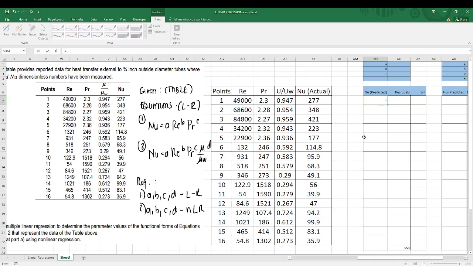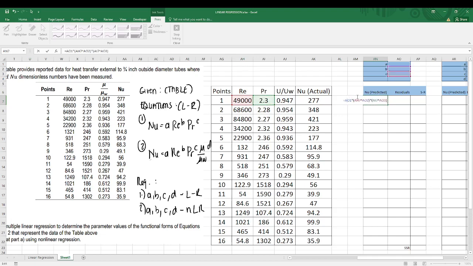Our Nusselt number is equal to, we'll be clicking the A portion here, we don't have a value yet, times the Reynolds number raised to the B, times parenthesis the Prandtl raised to the C.